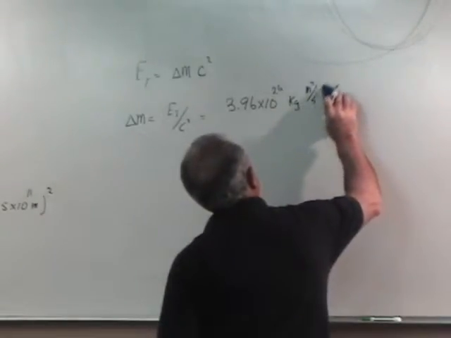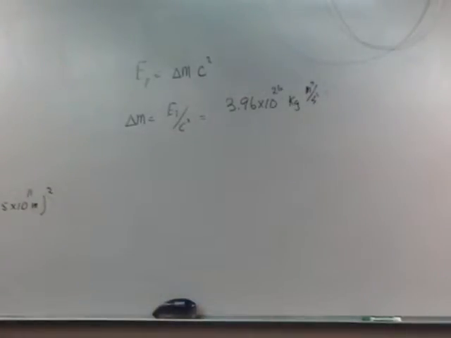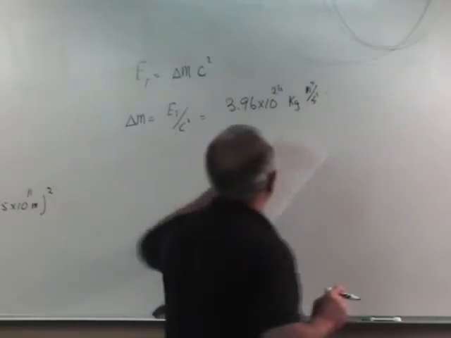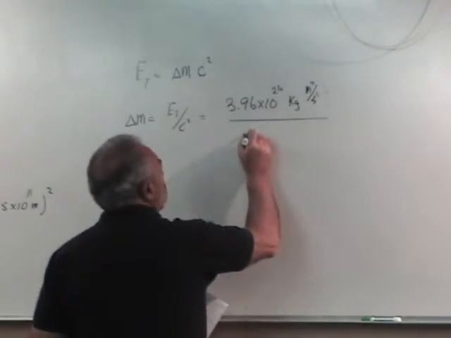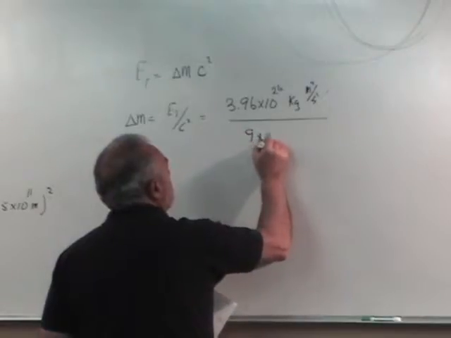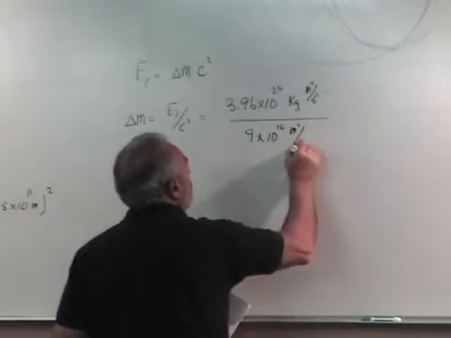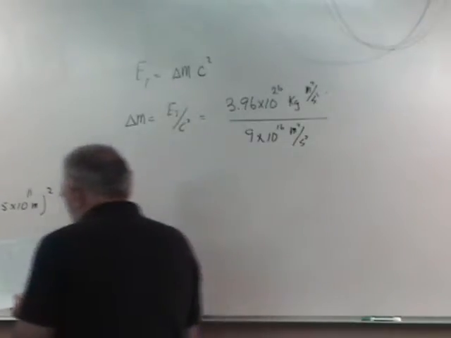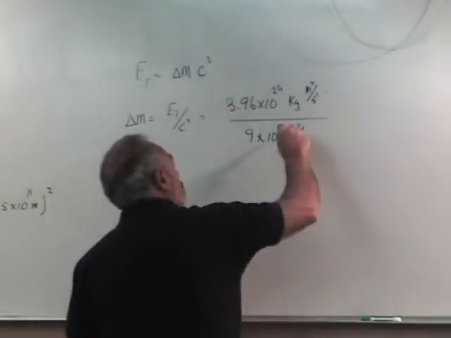We don't put that on there because if it's 3.96 times 10 to the 26 joules per second, and we're asking about 1 second, so you lose this many joules in a second, divided by c squared, which is 9 times 10 to the 16 meters squared per second squared. And obviously, I do want to see the units work out.